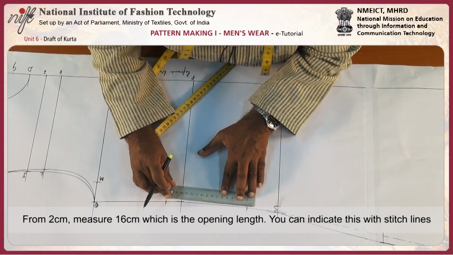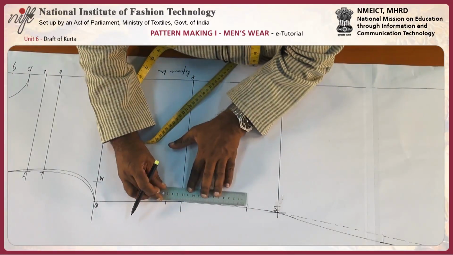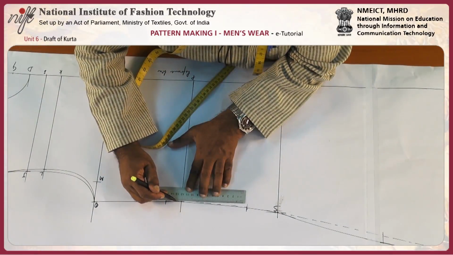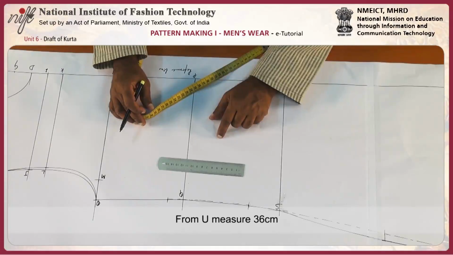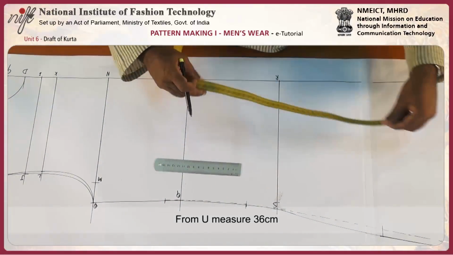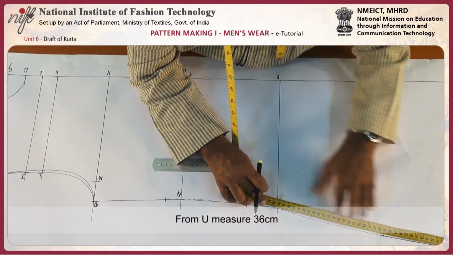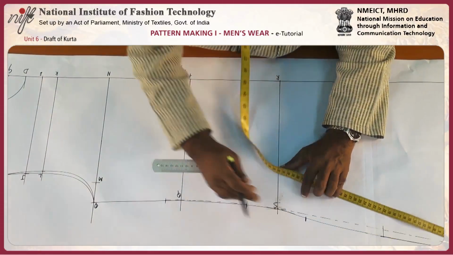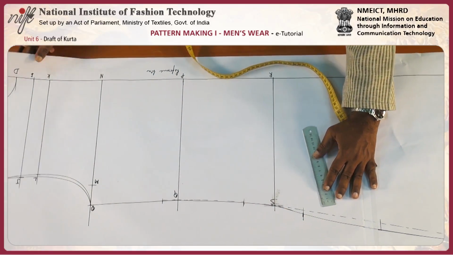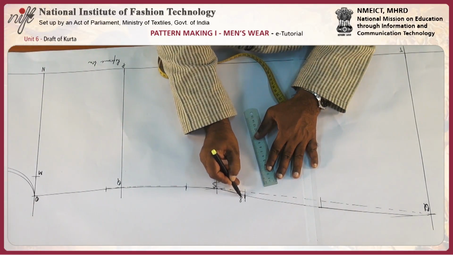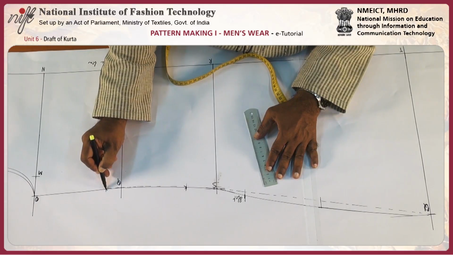You can also show with the stitch lines. Then for the slit, from point U, measure 36 centimeter. This will be slit. From here to here is a pocket opening.